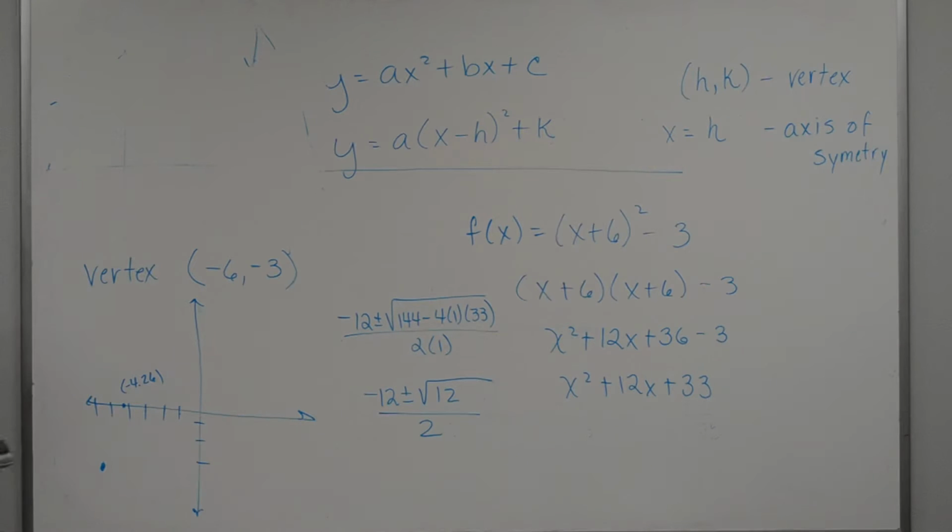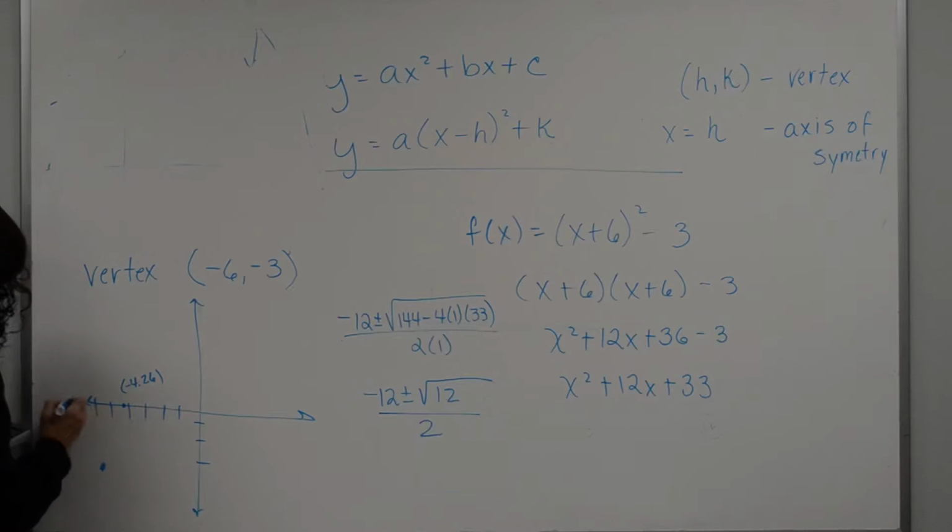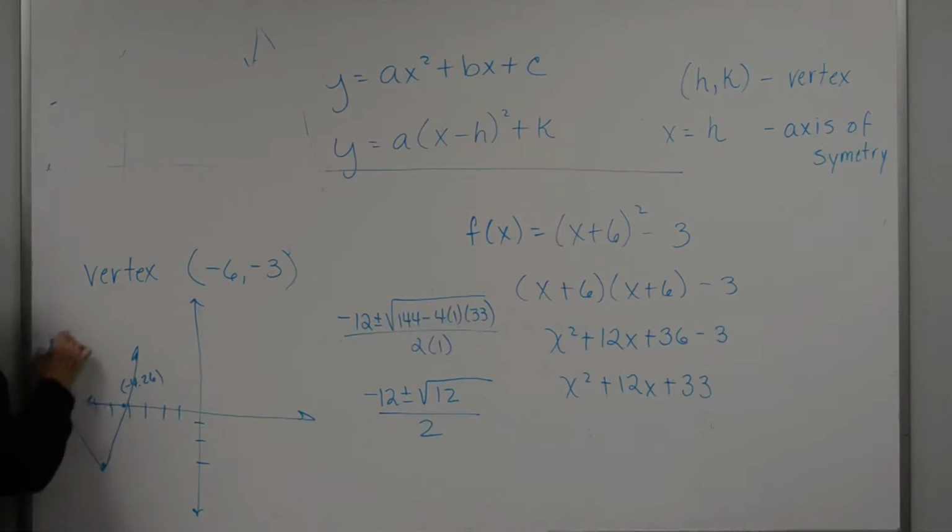And then I have negative 12 minus the square root of 12 divided by 2, which is a negative 7.7. Okay, so 4, 5, 6, 7, so approximately right there. And there will be my graph.